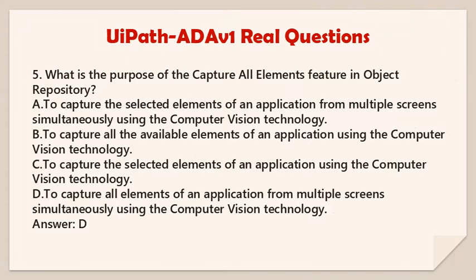C. To capture the selected elements of an application using the computer vision technology. D. To capture all elements of an application from multiple screens simultaneously using the computer vision technology. Answer: D.